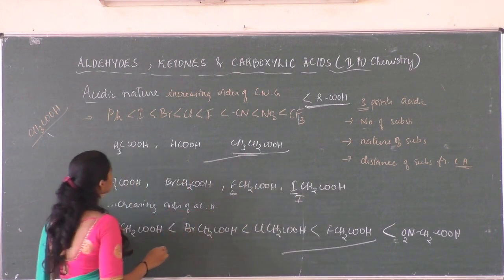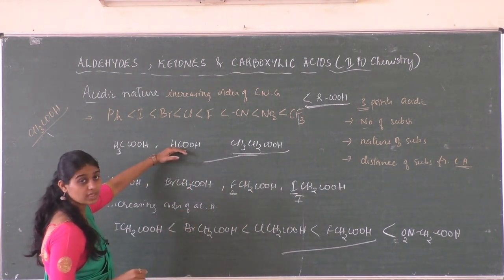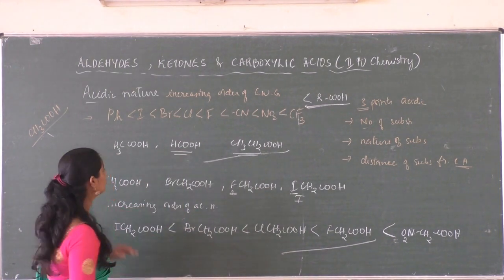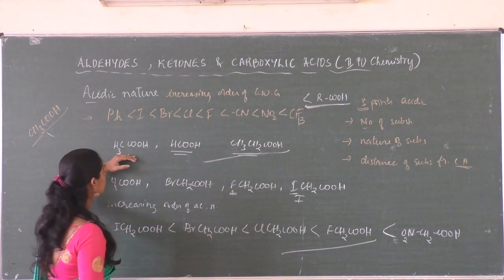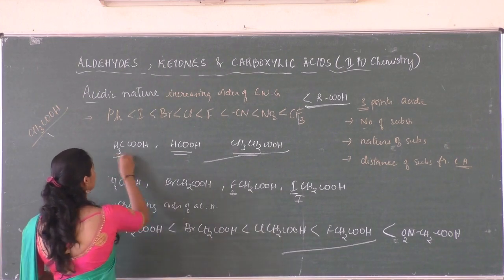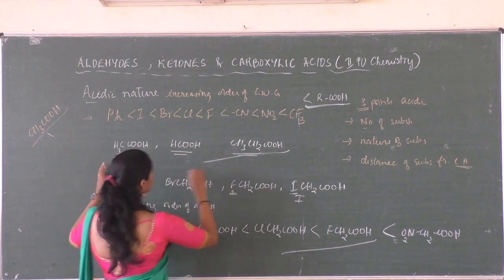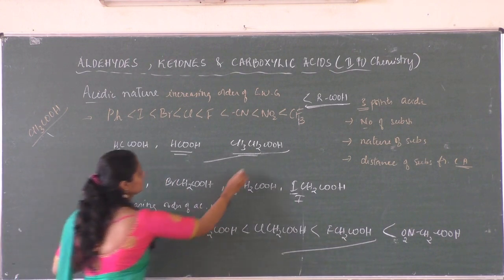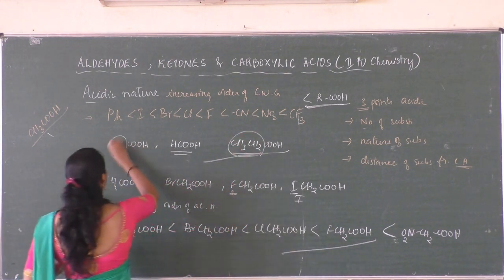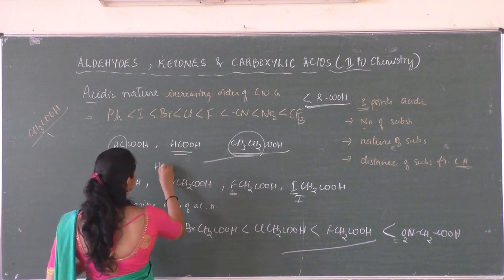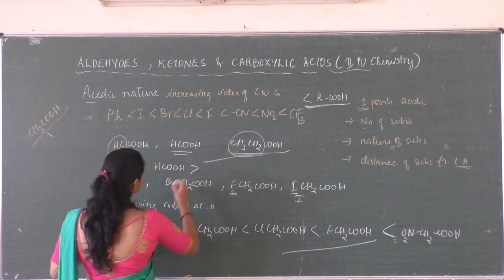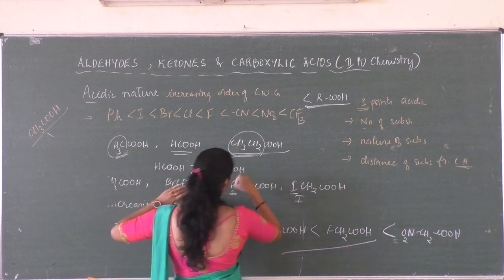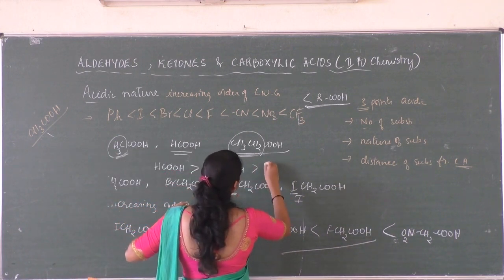So out of this, if you compare, this is more acidic since it does not have any electron donating groups, whereas this one consists of only one carbon atom, that is alkyl group. Here we have two carbon atoms, so most acidic is HCOOH, then comes acetic acid, then it is propionic acid.